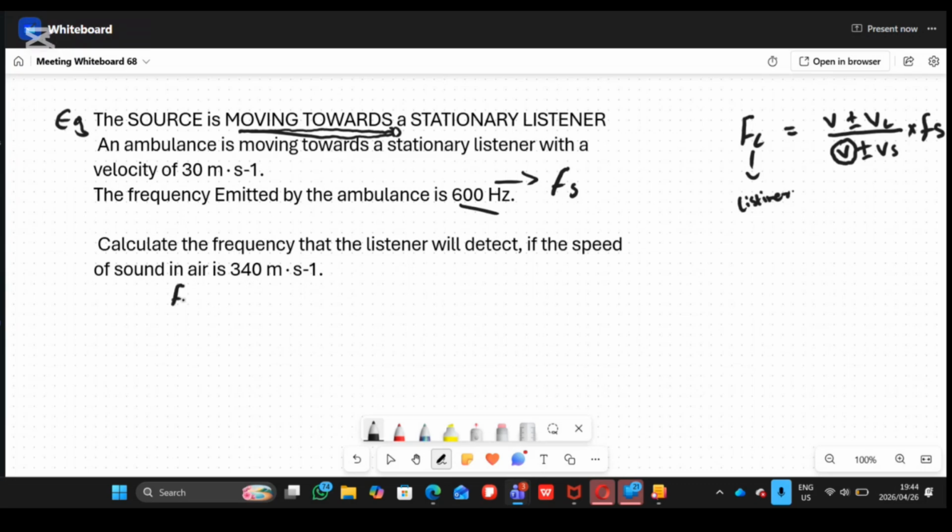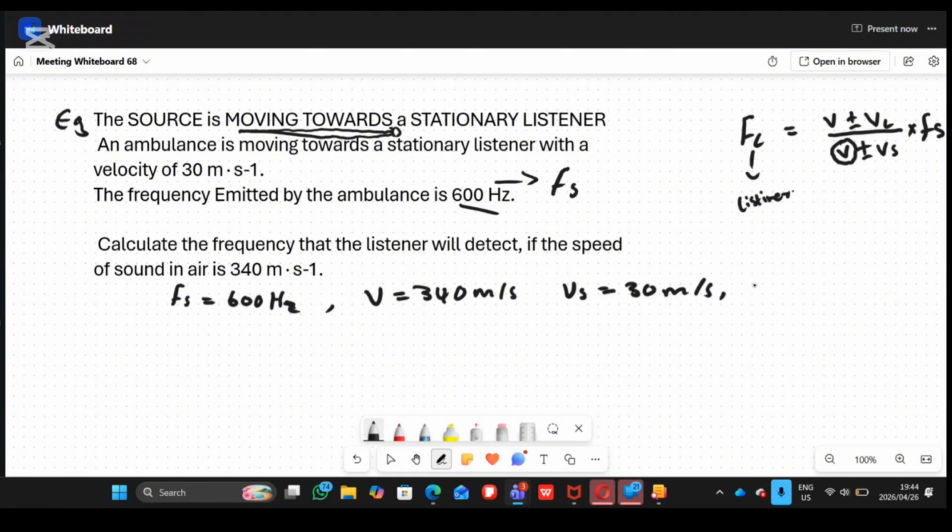You have the frequency of the sound source, which is 600 hertz. You don't know the frequency of the listener, it's fine, you're looking for it. Then what do you have again? You have V, which is 340 meters per second. You have the velocity of the sound source, which is 30 meters per second.